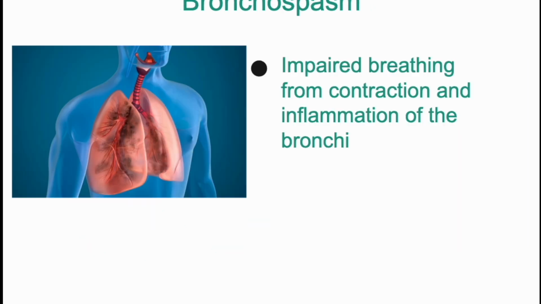Now, bronchospasm is a condition where the bronchi constrict and become inflamed, causing impaired breathing. Some of the signs include wheezing, prolonged exhalation, decreased breath sounds, lower oxygen levels, increased airway pressure during ventilation, as well as hypotension. The anesthesia care provider will first check for mechanical issues.